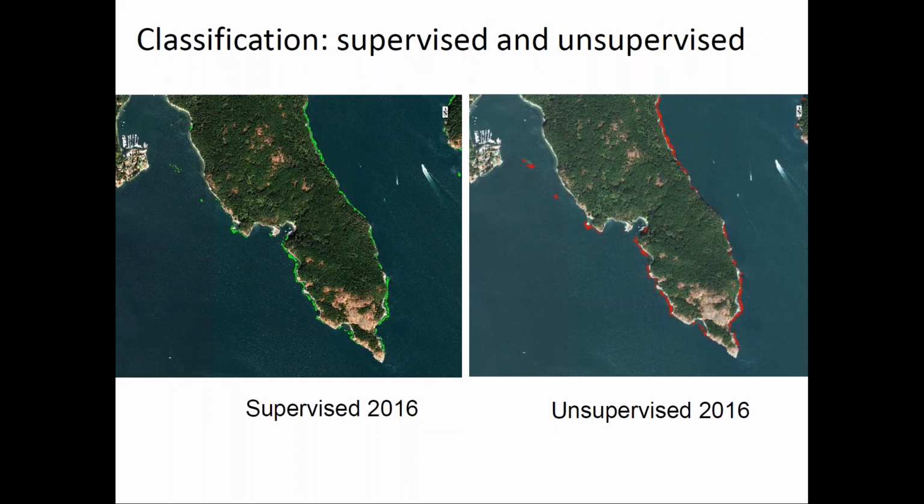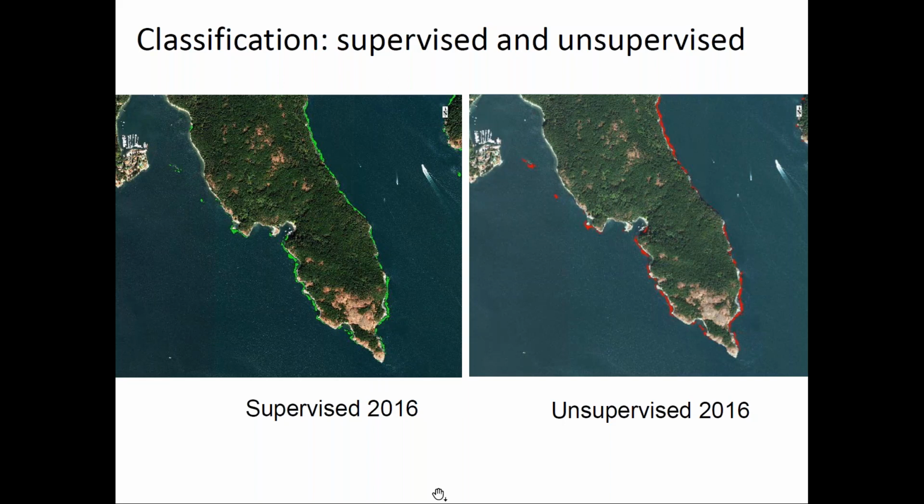So from that, we did two classification approaches because we're testing which one would work better. On an image from 2016, for which we have a lot of in situ data collected with a kayak survey, we did a supervised and an unsupervised classification, so we can actually test the accuracy of the different methods.